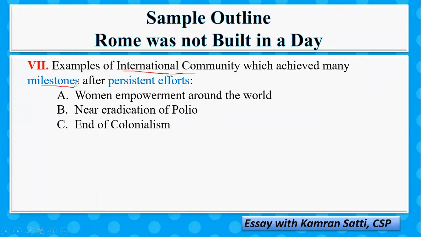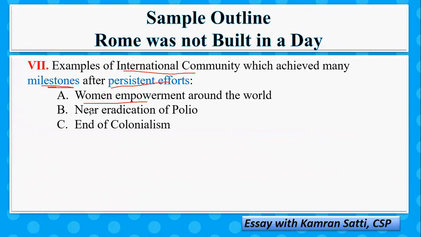examples of the international community which achieved many milestones. We remember: Rome was not built in a day. I have cited the example of women empowerment around the world. After much debate and different efforts by the international community, the rights of women are finally being discussed, and women have been empowered in various countries throughout the world. So the international community has achieved much on this front.